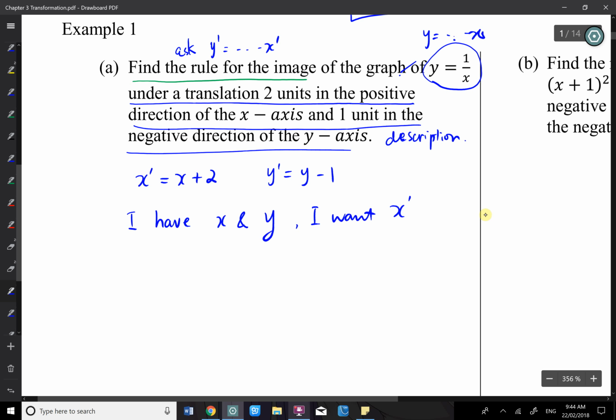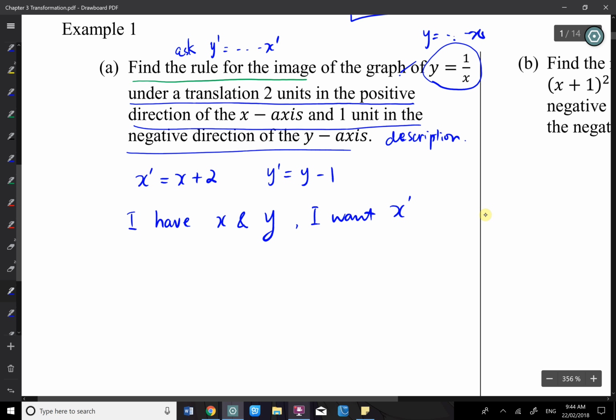I want x dash y dash. I have x and y now. So again, we will make x the subject. What I have, I will make that the subject and sub into the original function. Replace that y with y dash. That's how you achieve the new function.